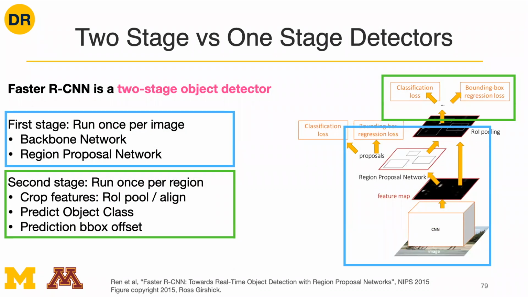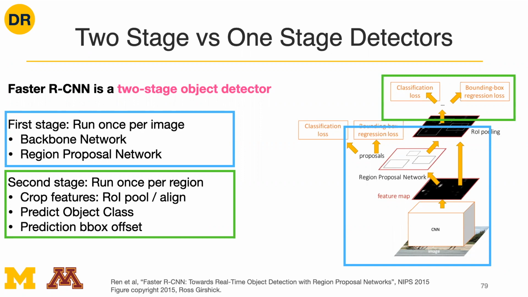When I say two-stage, basically the first stage is you have a backbone network, which is followed by your region proposal network. And the second stage is where you'll use that information to do classification and regression for your bounding box, and if you're doing segmentation, then segmentation and so forth.